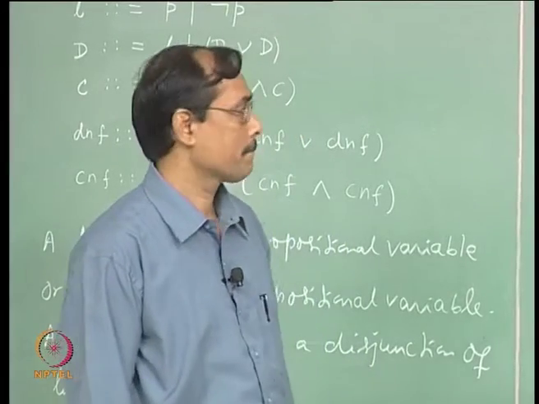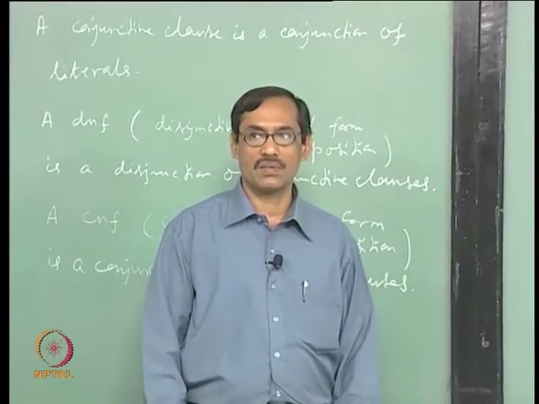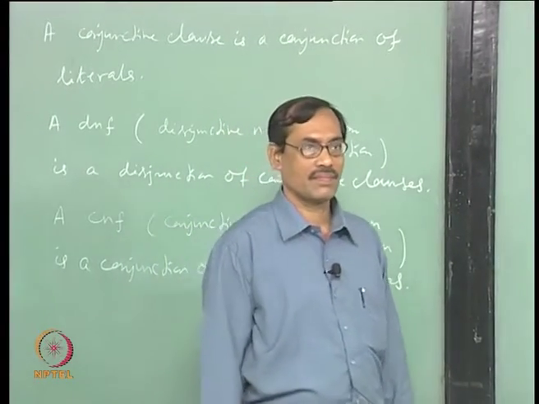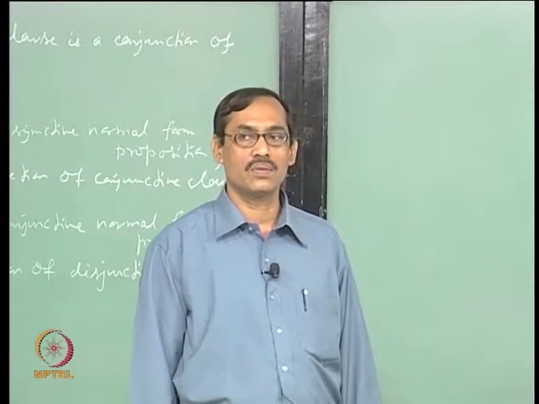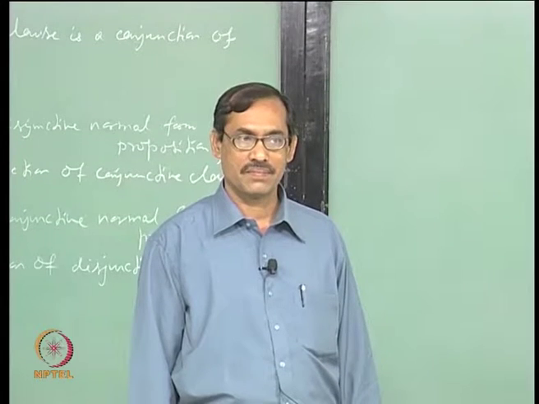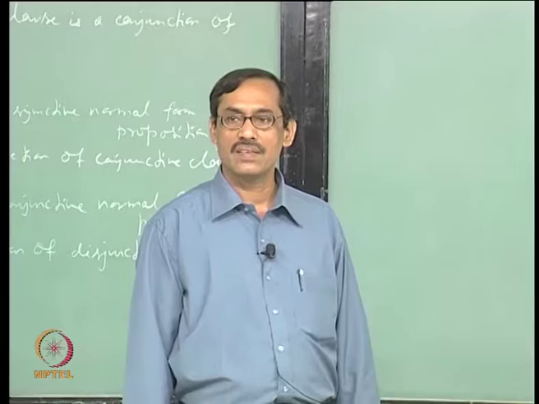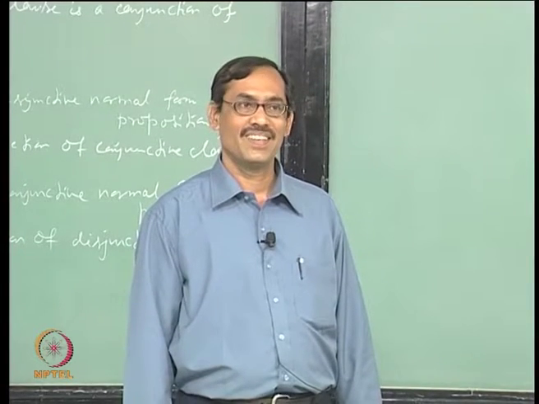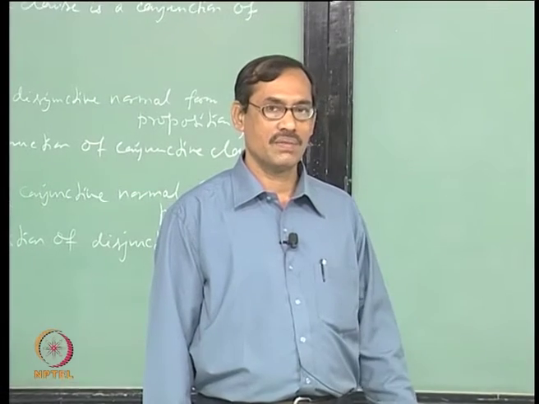Okay. Now, the question is how this conversion will take place. So, one way is to look at the truth table of any proposition and then get the models. So, you go the reverse way, right, but that defeats the purpose. We want to see the models from the proposition.